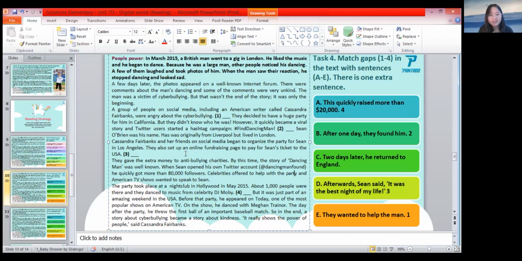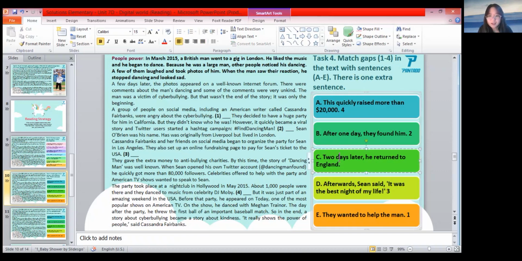So I think for number 3, D is not suitable because "afterwards Sim said it was the best night of my life" is not related to the front sentence. They are setting up an online fundraising page to pay for Sim's ticket, so I think it should be related to the money.